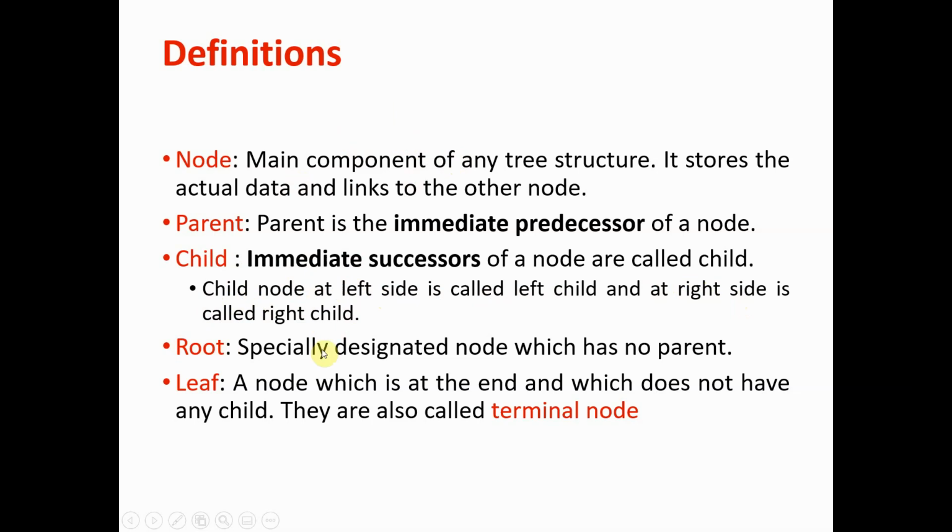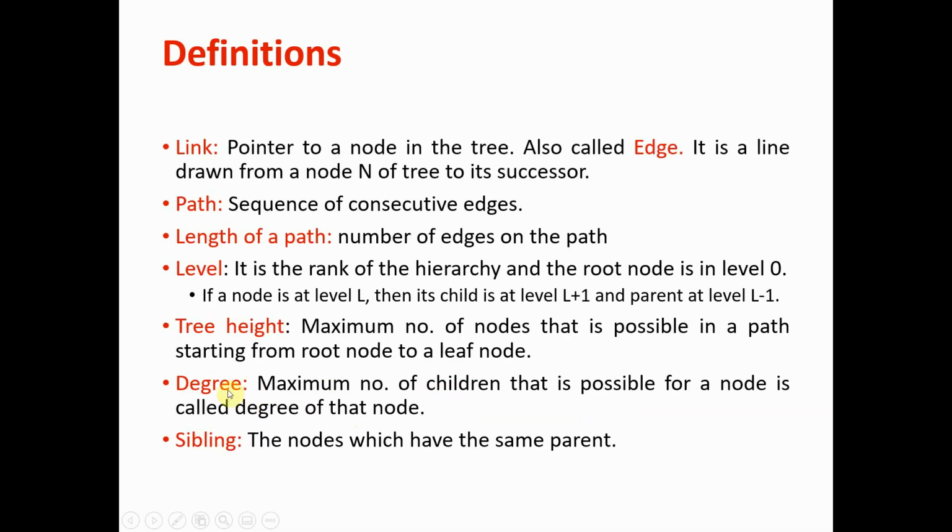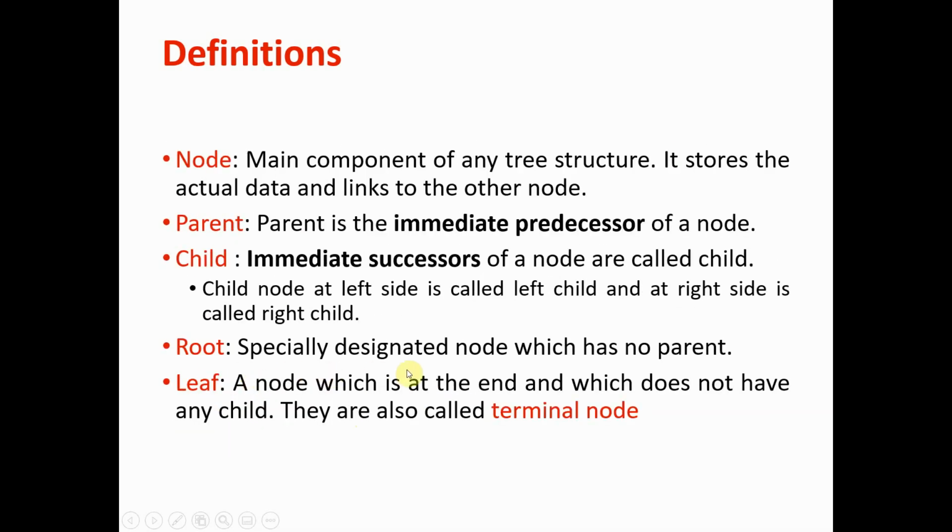Root is a specially designated and distinguished node that has no parent, and leaves are the nodes at the end which do not have any children. They're also called terminal nodes or external nodes.